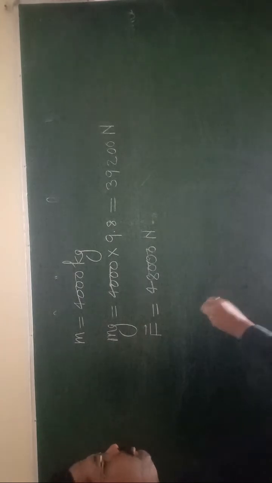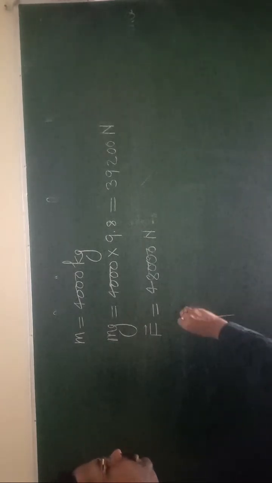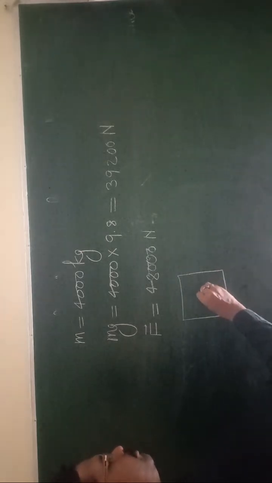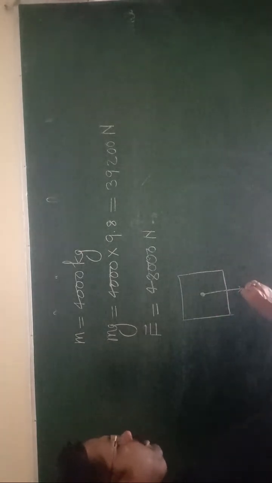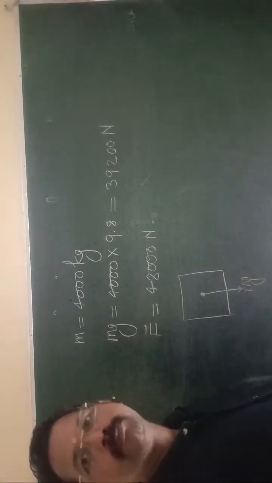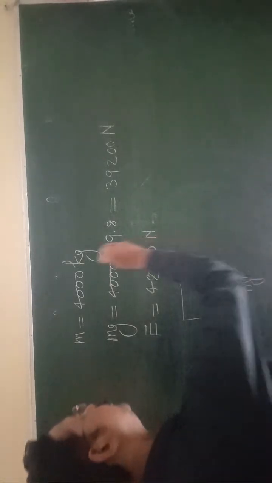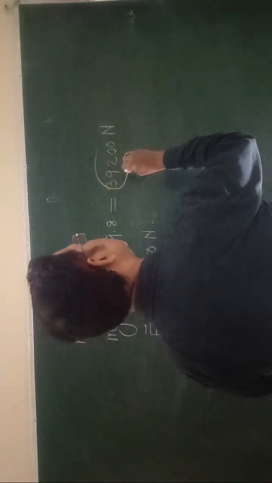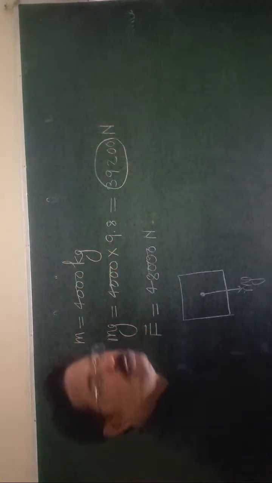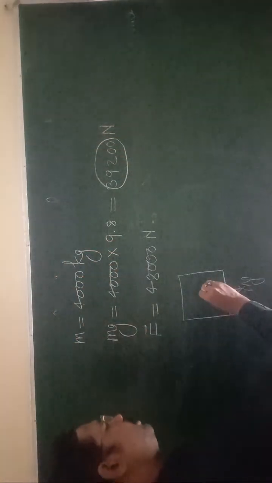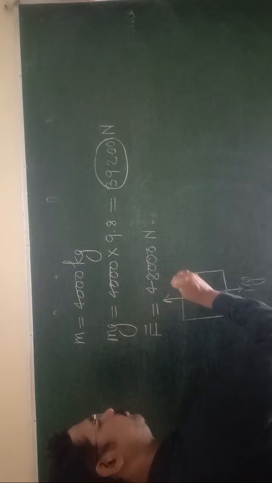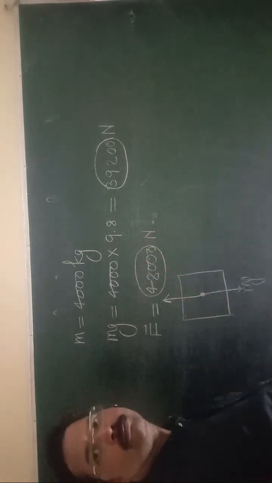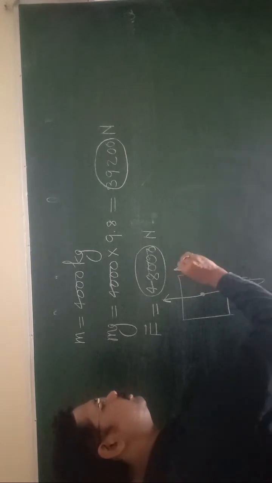So you can make a simple diagram. At the center of the elevator there is mg, a known value, 39,200 Newton. The upward force on the cable is 48,000 Newton. So acceleration is in this direction.